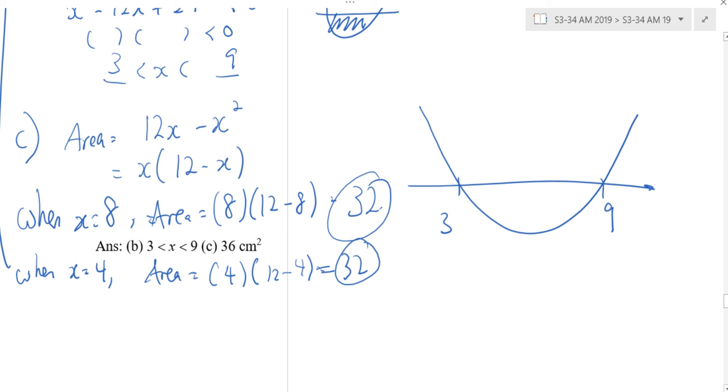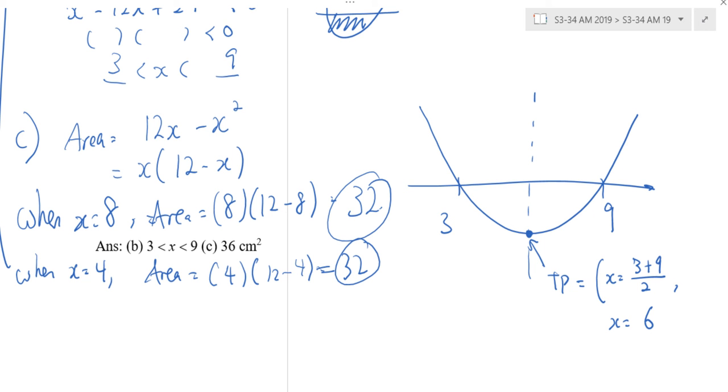Do you see that? That's the turning point. If I look at the turning point, it occurs when x is equal to (3 plus 9) over 2, so x is equal to 6. When I put the turning point in, I realize that this is actually the highest area.